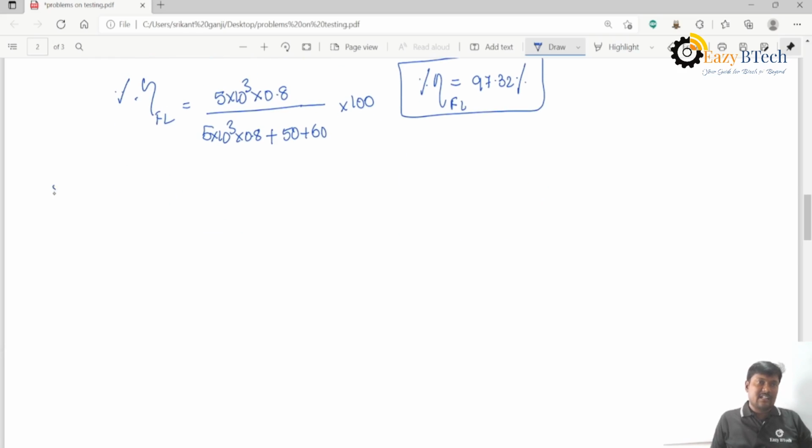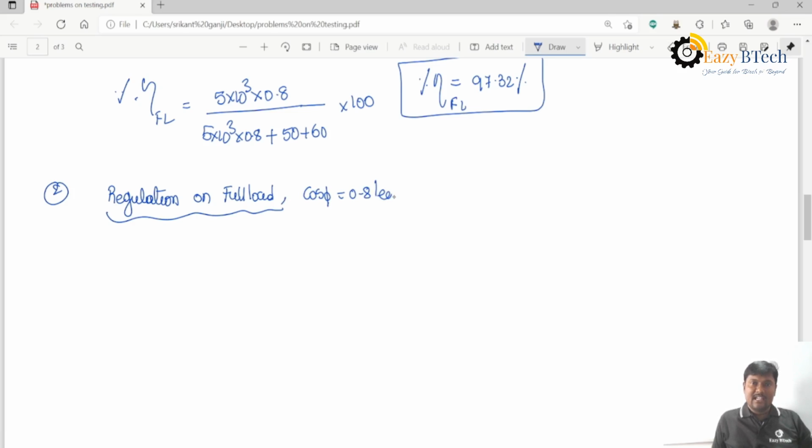Coming to the regulation at full load. The second bit is asking for regulation on full load, at cos phi equal to 0.8 leading.